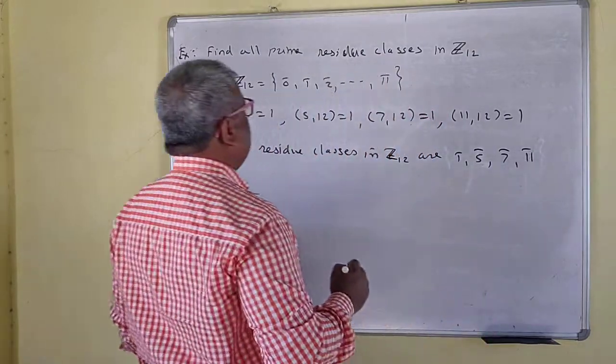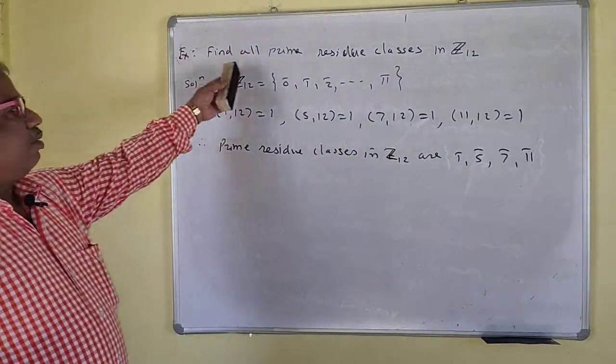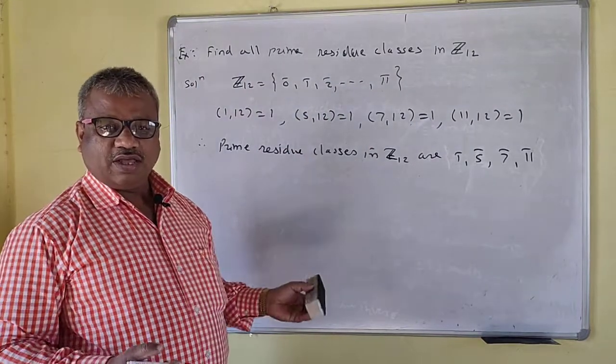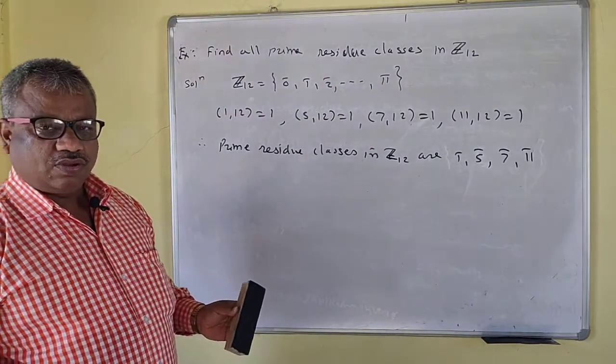Similarly, you can find prime residue classes modulo 13. For 13, all elements are relatively prime to 13.